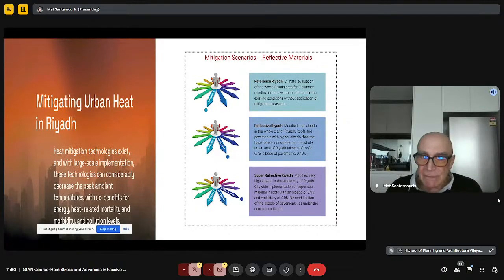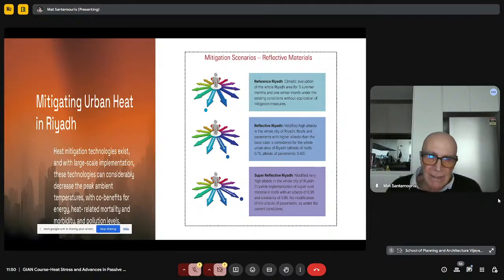But this is not enough. We need to increase and enhance the losses from the materials. Do materials have losses? Of course. Every material is emitting infrared radiation, and the emission of infrared radiation depends on the so-called emissivity of the materials. The emissivity has to be high in order to emit as much thermal radiation as possible.